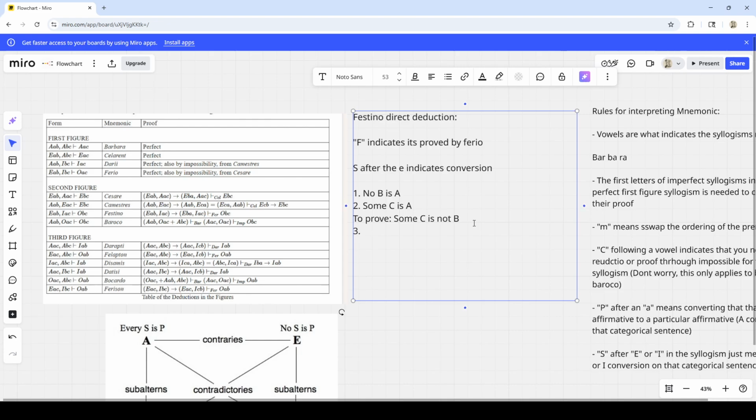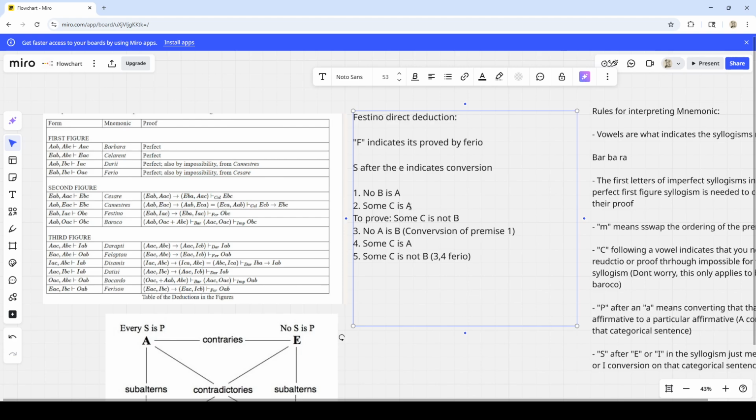So no A is B, conversion of premise 1, and then we can restate that some C is A, and then we can conclude via Ferio that therefore some C is not B. And this follows logically because this is Ferio. Ferio is an EIO syllogism, and the middle term is subject and then predicate. Thus, it logically follows. And so that's how you prove Festino. So 3, 4, Ferio.